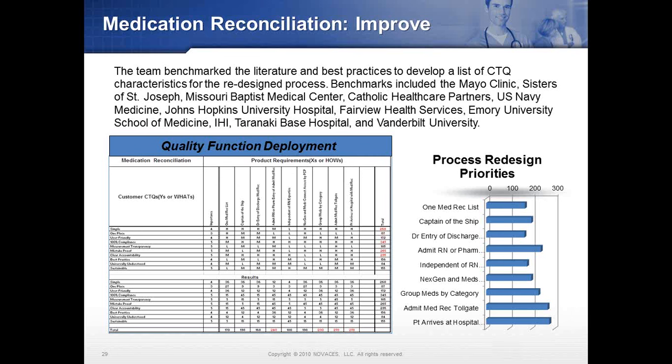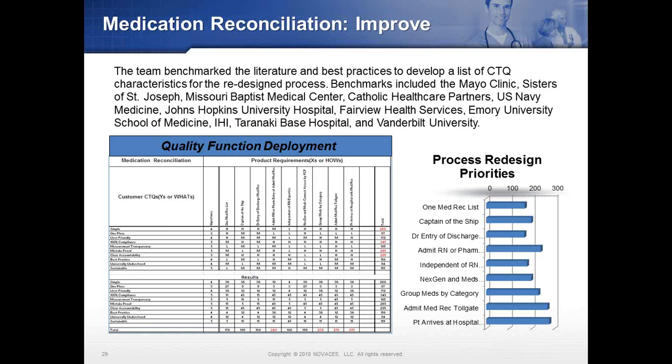We needed one list, we needed a captain of the ship, we needed a doctor entry of the discharge so that the physicians were consistently doing the same thing all the time. We needed an admission RN or a pharmacy tech to do the admission med rec. We knew we needed some special expertise up front. The nurse needed to be independent in their med rec activities, and then those other things, those are grouping meds by category, they all had to do with the form in their electronic health record.